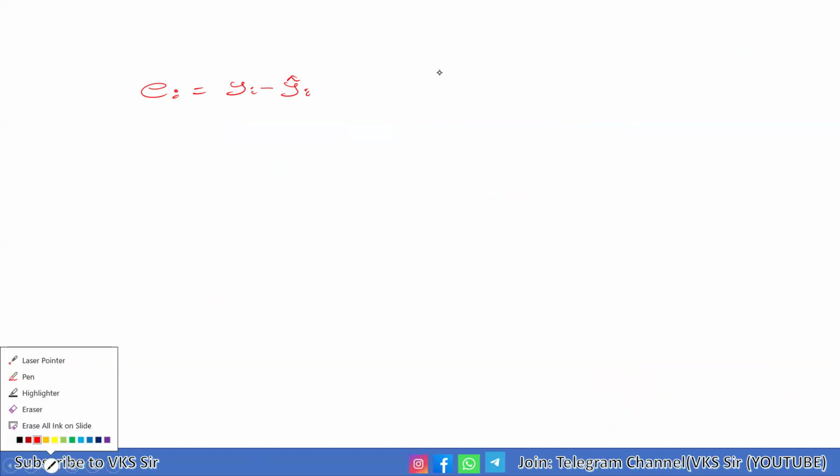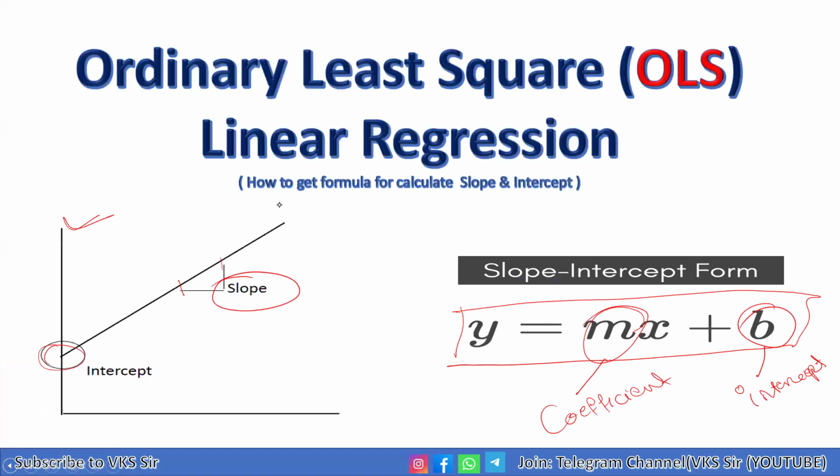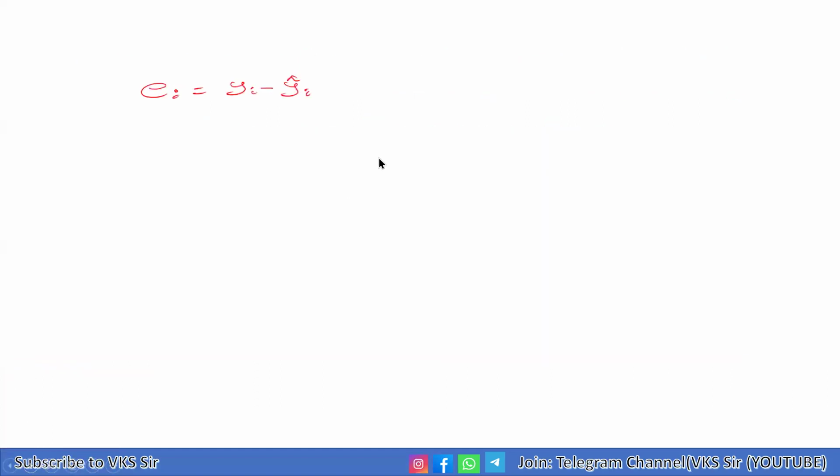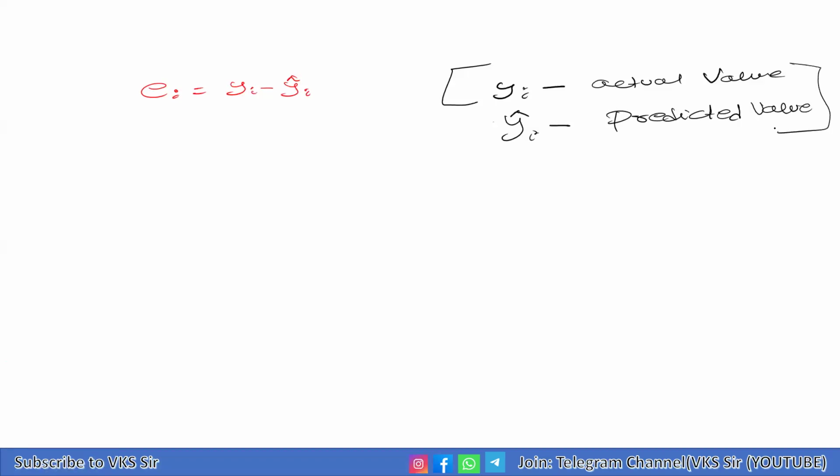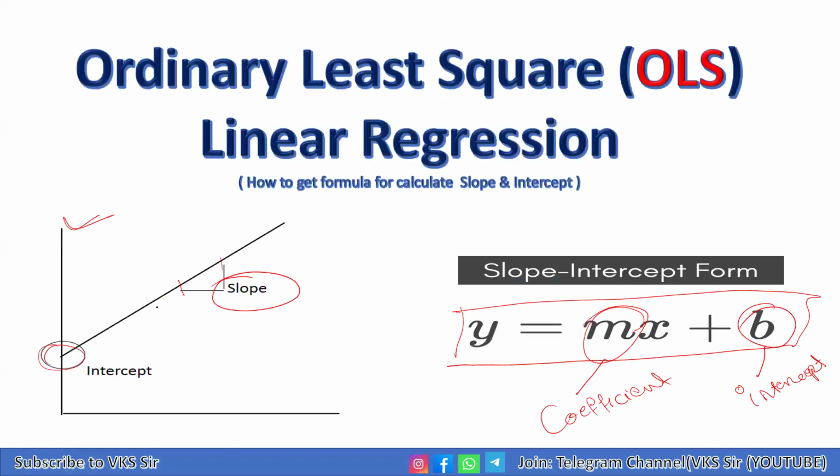Here, yi is the actual value, and y hat is nothing but the predicted value.